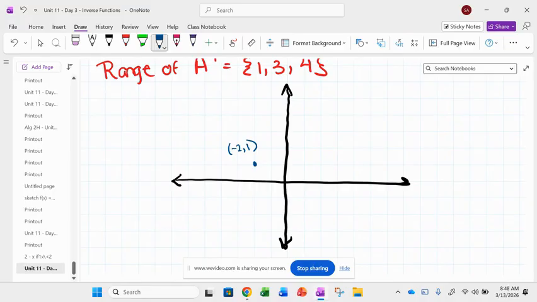What would be the inverse of (-2, 1)? We're just switching x and y, right? So wouldn't the inverse be (1, -2)? Do we agree?